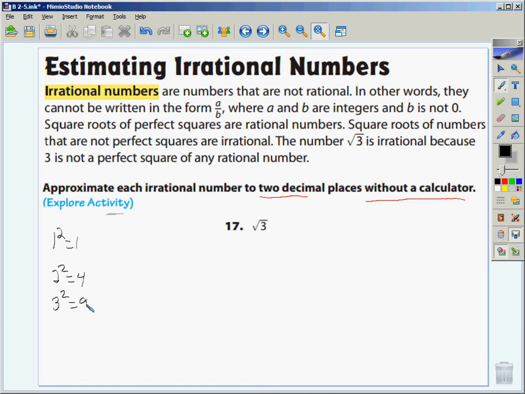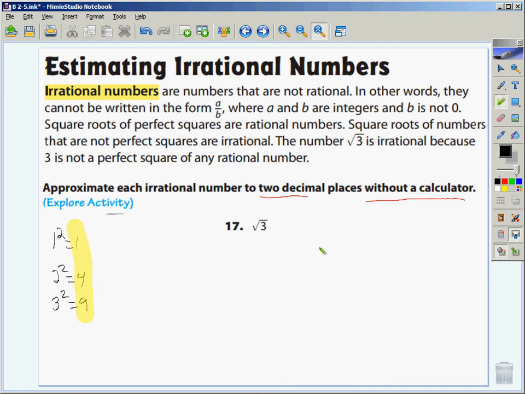Now, I'm not going to go any further. What you're looking at is this column over here, the 1, the 4, and the 9.